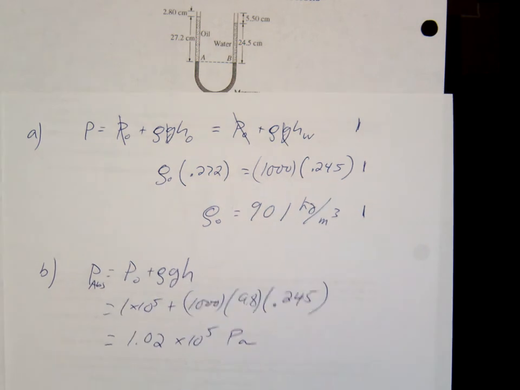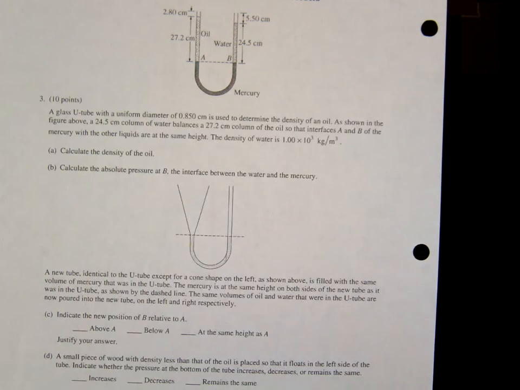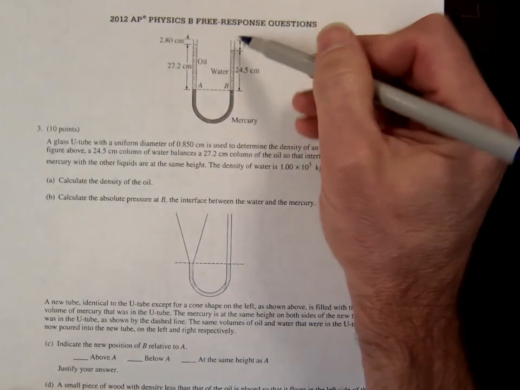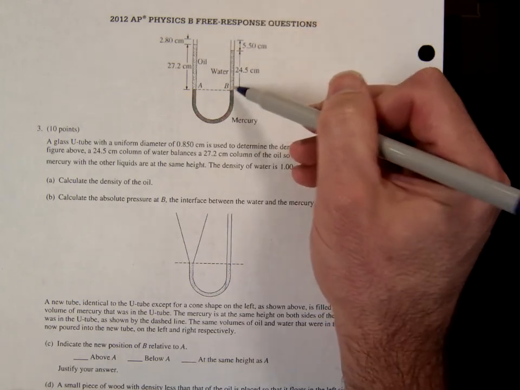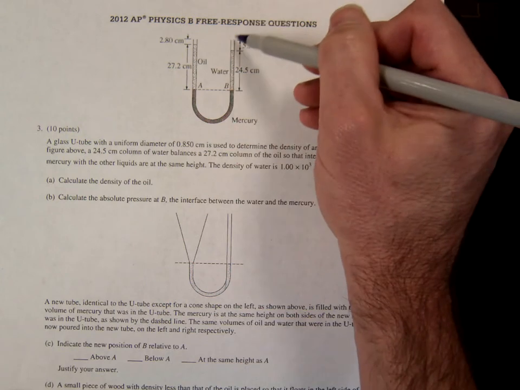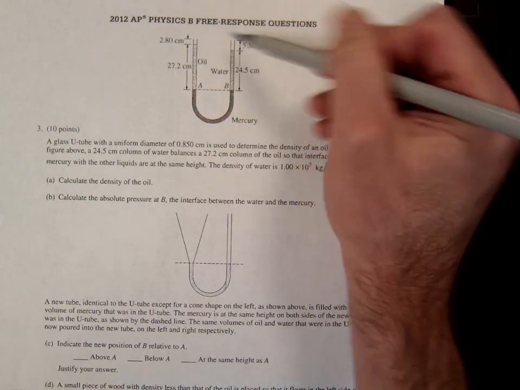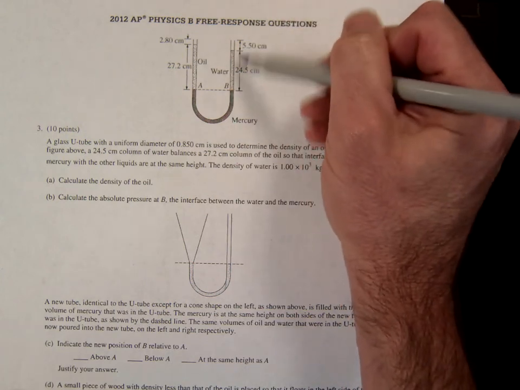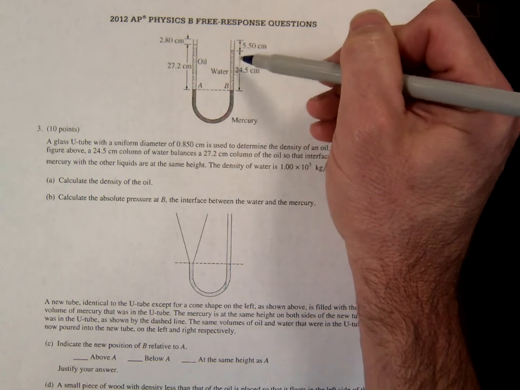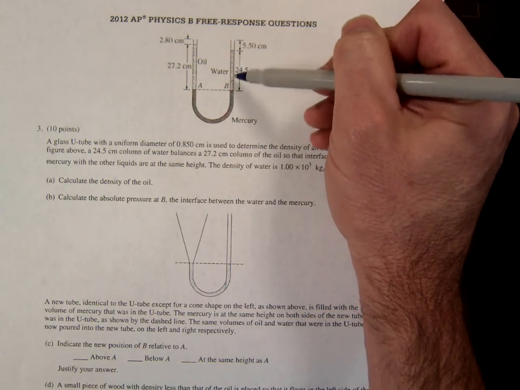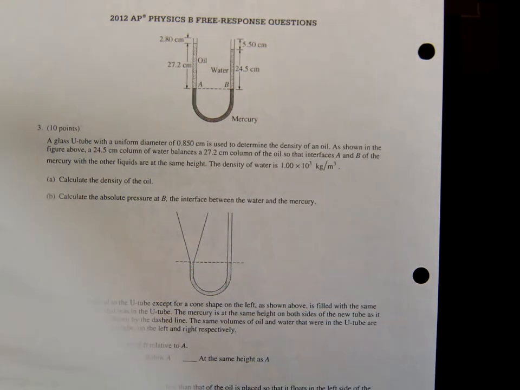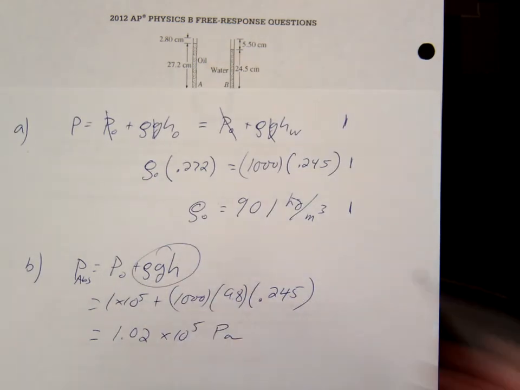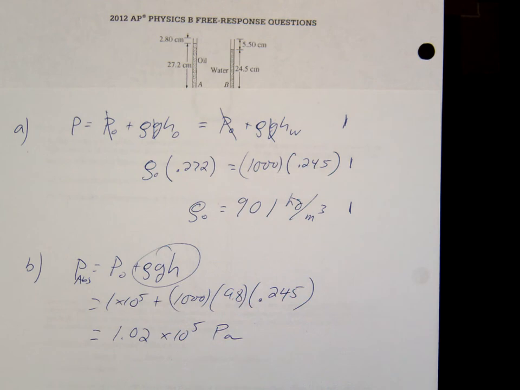The absolute pressure takes into account the atmosphere above it. So that's like the true pressure at point B. So that would be the atmosphere above it, which is 1 ATM, plus the pressure due to the water, which is significantly less. But you add those two. So if it just asks for gauge pressure, you would just find rho GH. That would give you the gauge pressure.